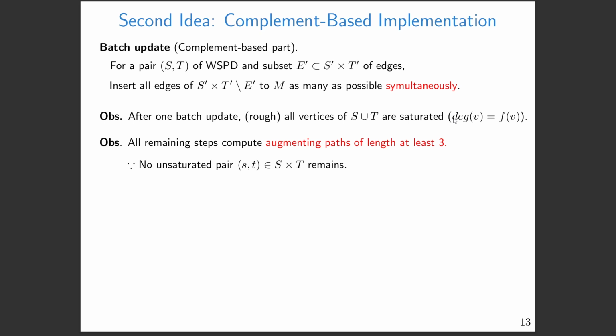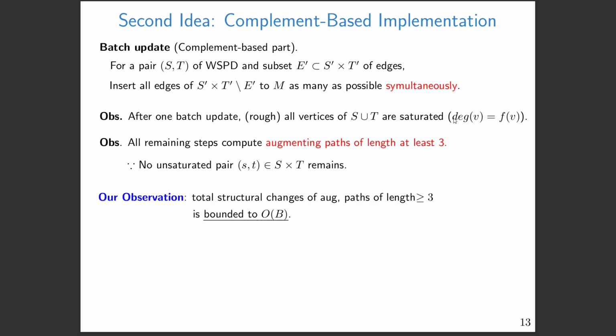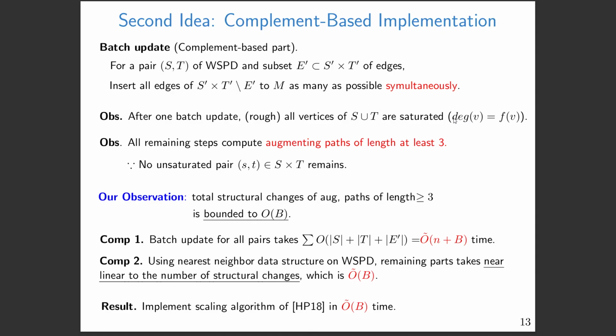This is quite important because our main technical observation is that if all augmenting paths have length at least 3, the total structural changes to our matching set can be bounded by big O of B. Therefore, we can handle all batch updates running in n plus b time, and using some nearest neighbor data structures on the WSPD, we can also handle the remaining b updates in near b time. As a result, we can implement the scaling algorithm efficiently.